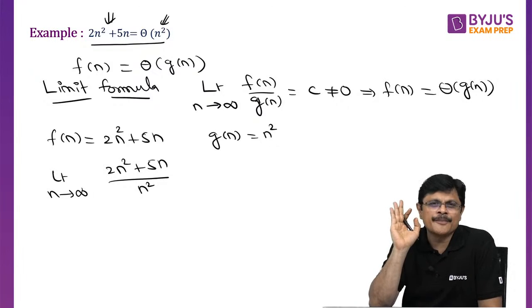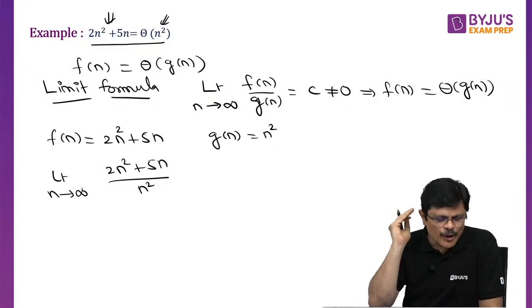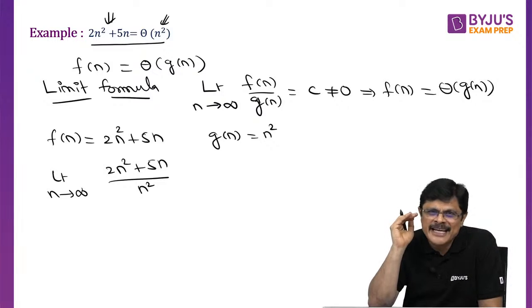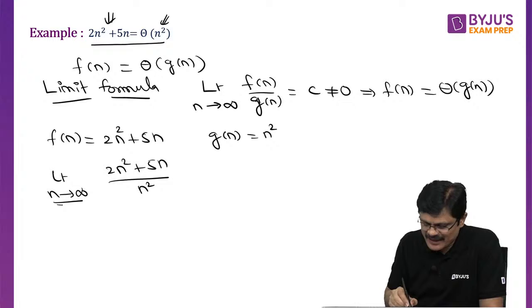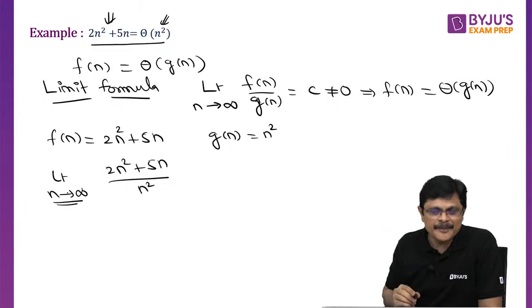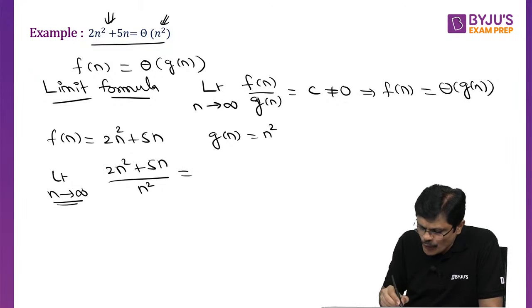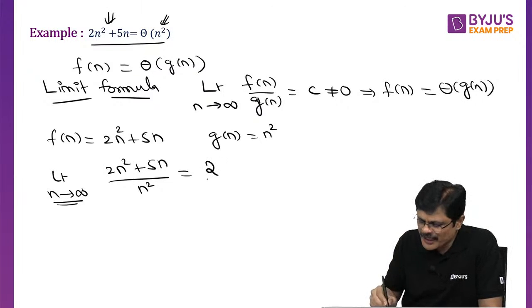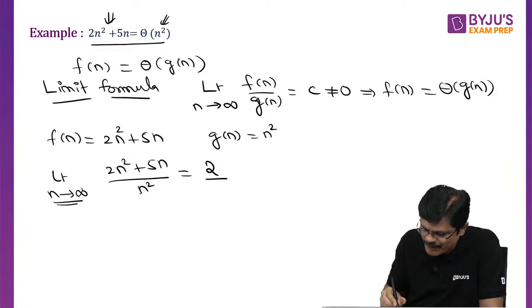Whenever the numerator is a polynomial and the denominator is also a polynomial of the same degree, and the limit is n approaching infinity, the answer is the coefficient of the highest power term in the numerator by the coefficient of the highest power term in the denominator.